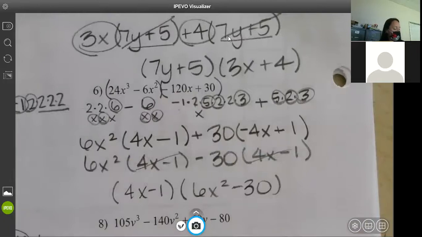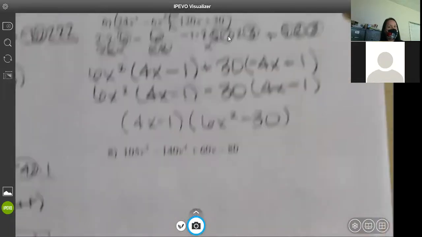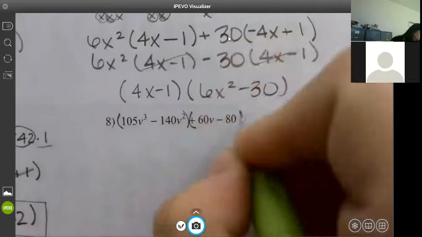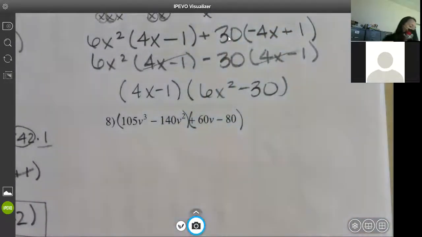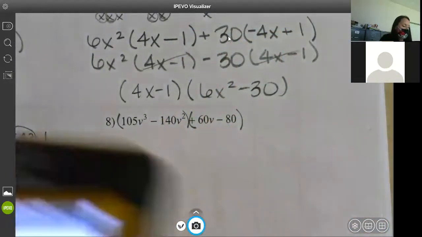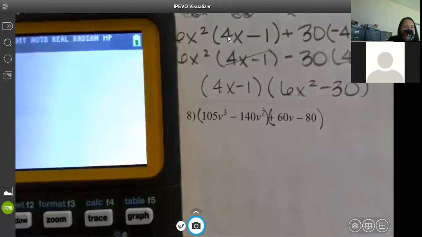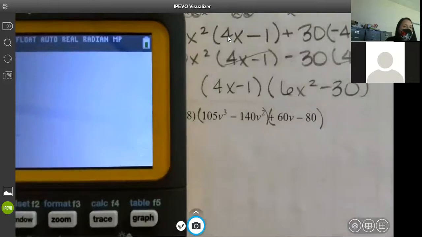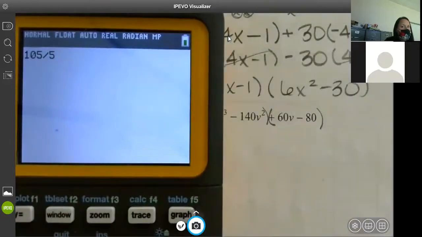All right, again, the numbers just get bigger. It's okay. I'll show you how to figure out those factors. Group them. When I do this, I might not know my factors of 105, but I knew that it ended in 5, so I can divide it by 5.